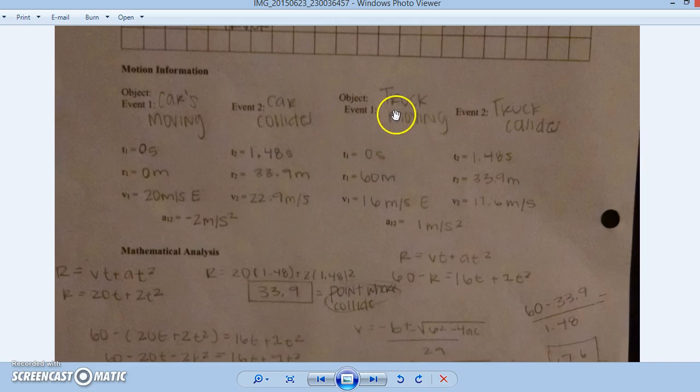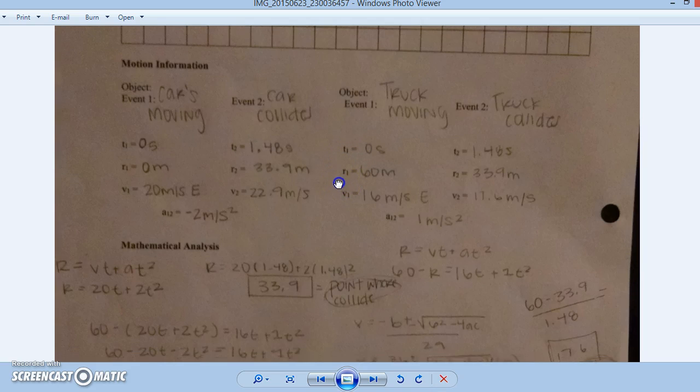For the truck, or object 2, time 1 was 0 seconds, R1 was 60 meters, which was given, and V1 was 16 meters per second east, because again, velocity shows direction, and acceleration was 1 meter per second squared. T2 is pretty much going to be the same as the car's, because this is when they collide, 1.48 seconds.